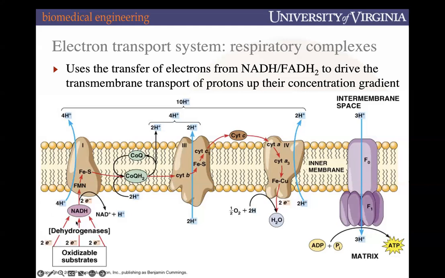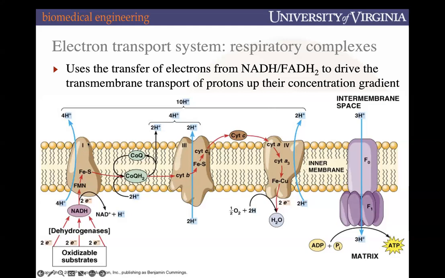But when an NADH donates its 2 electrons, that's going to prompt 4 hydrogen ions to move across. On the very first slide, we showed that in the inner membrane space, there was a ton of ions. This is how those ions move across into that inner membrane space, and this is how that proton gradient is created. This proton gradient is going to be really important for this ATP synthase all the way to the right, this pump to the far right.